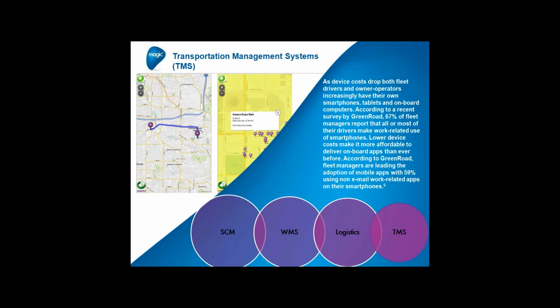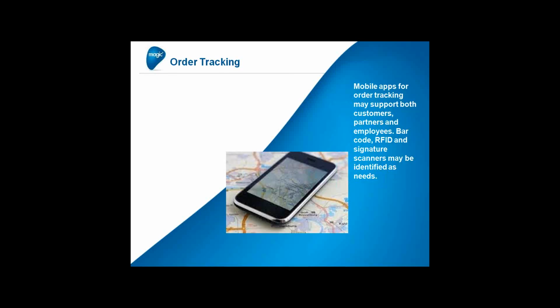So as the fleet managers are doing this more and more, we see the penetration levels increasing at the driver level in this area as well. So those of you who are building apps for your company, those of you who are building apps for customers, need to understand that this is becoming predominant in this sector to be sure.